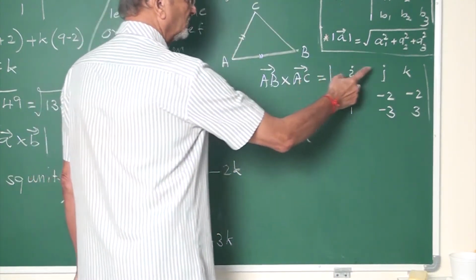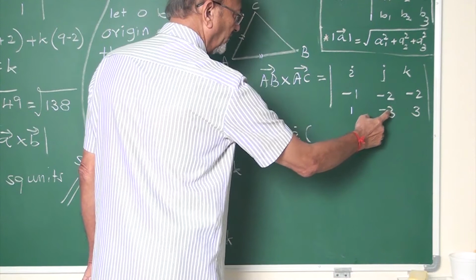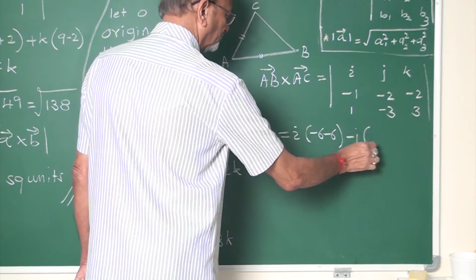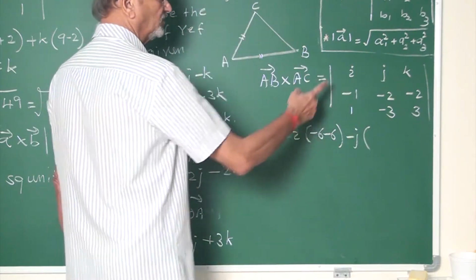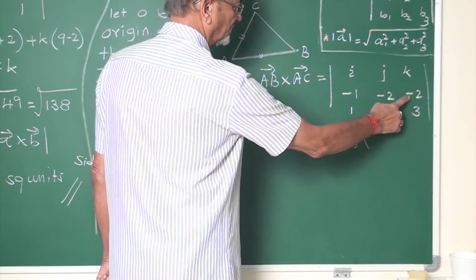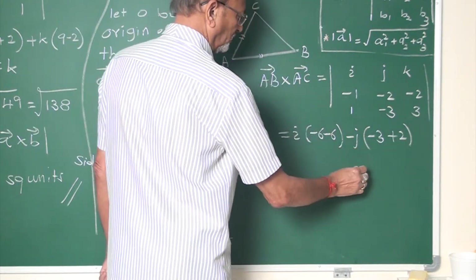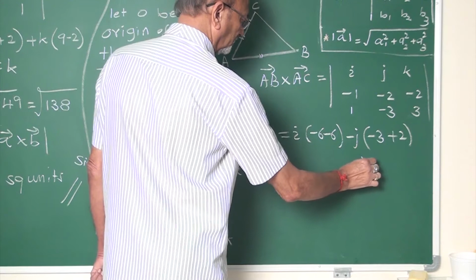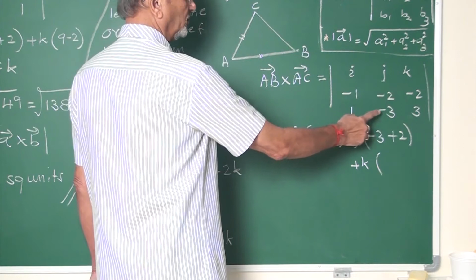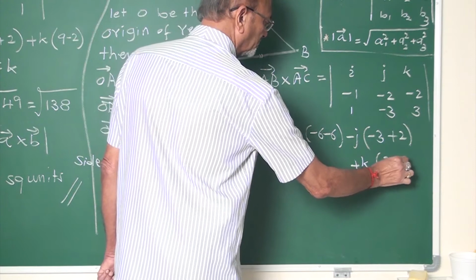i into first row, first column: minus 6, again minus 6. Minus j into, leave the elements of the first row, second column: minus 3 plus 2. Plus k into, leave the elements of the first row, last column: minus of minus is plus, 3 plus 2.